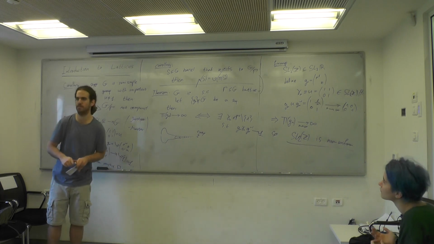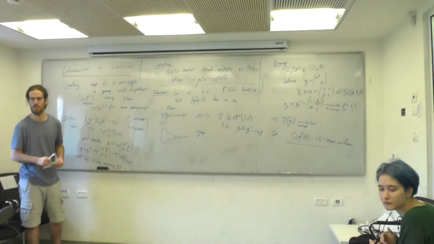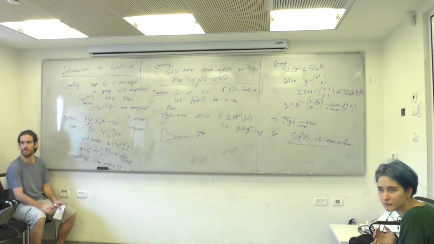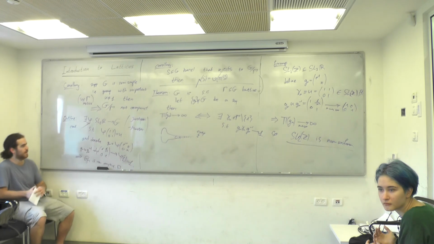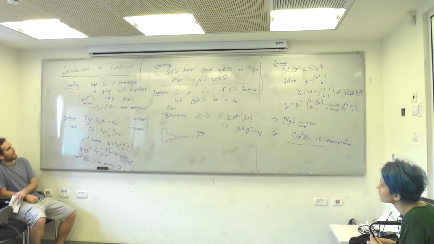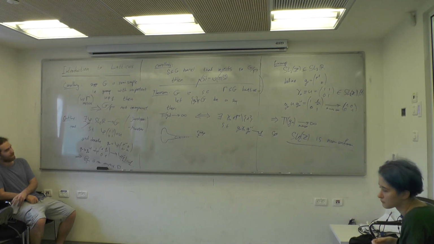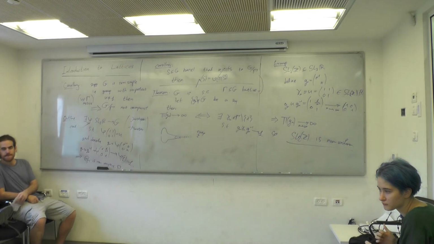Maybe someone has something interesting to say. Just one remark here is that this corollary is actually an if and only if. Given a semi-simple Lie group, a lattice in it will be non-compact if and only if it has a unipotent element.